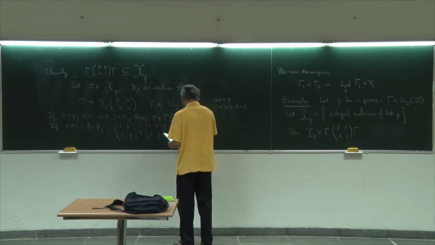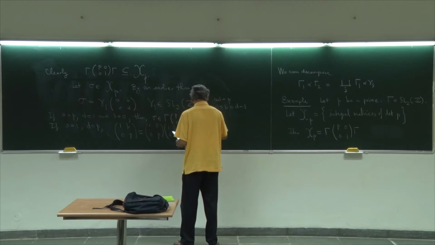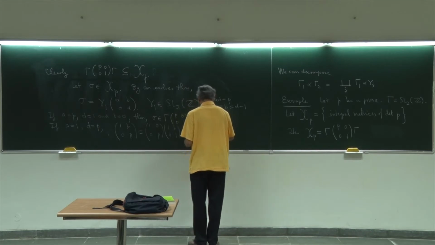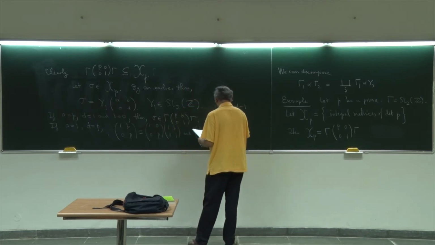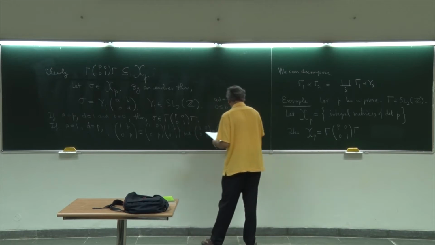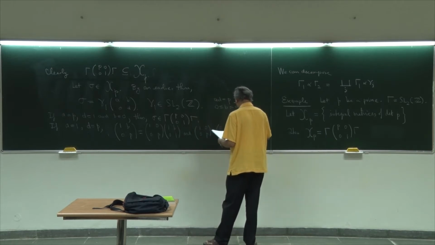And the matrix (1 0; 0 p) can be written as (0 −1; 1 0)(p 0; 0 1)(0 1; −1 0).